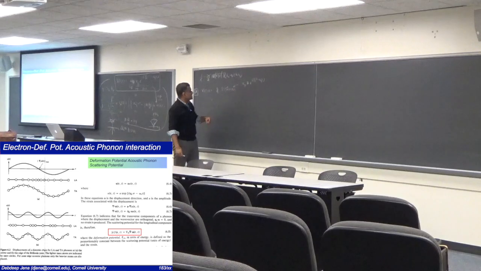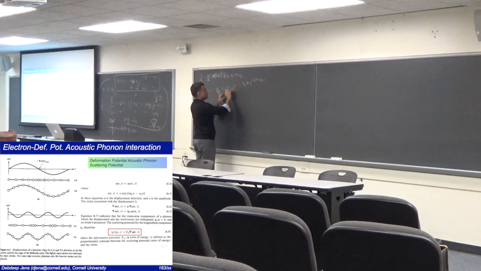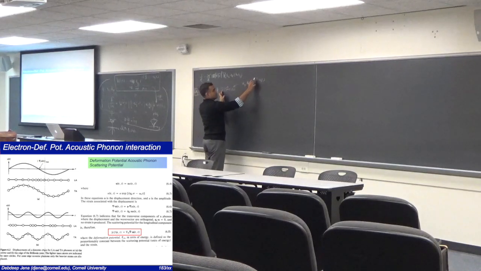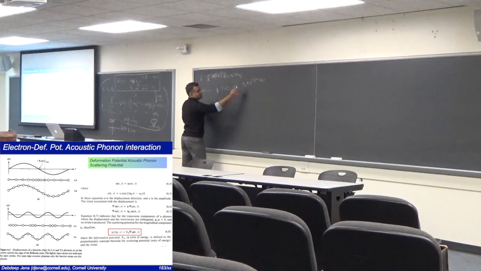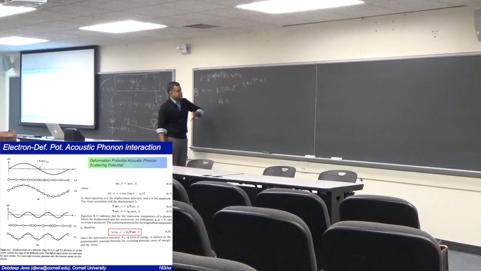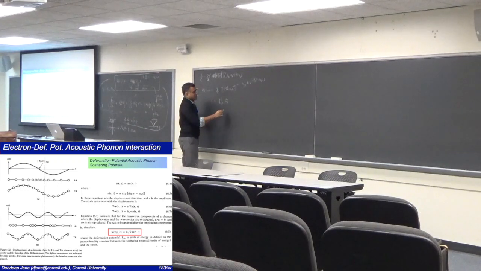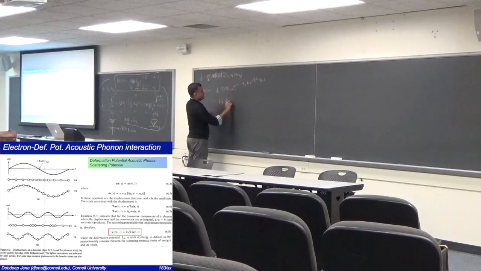And we saw that when you take this dot product, the divergence will pull out the i q to the front, and you get i q s dot product with n, where n is the unit vector of the polarization of the vibration. And then you get the rest here, U beta, e.